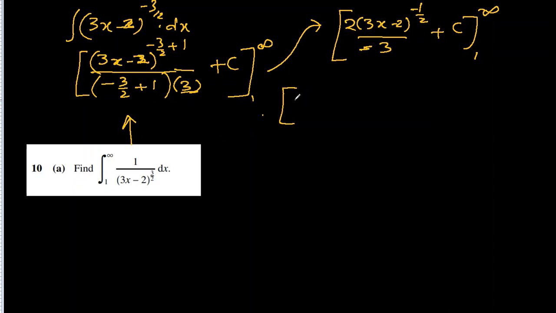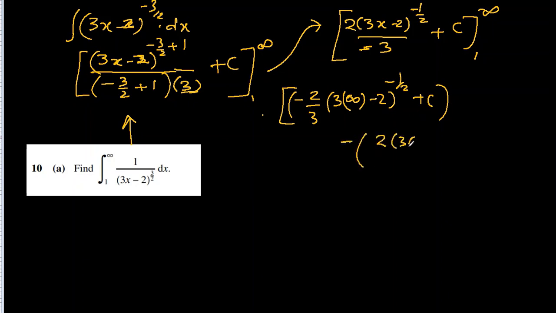So let's take this minus as the common one. Minus 2 over 3, 3 times infinity minus 2 to the power minus half plus c. Okay, that's the first part. Minus 2 over 3 times 1 minus 2 to the power minus half plus c.